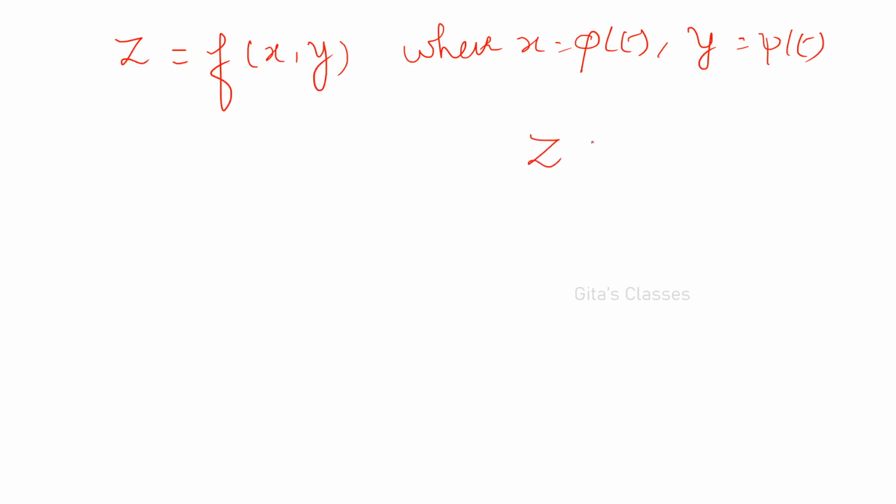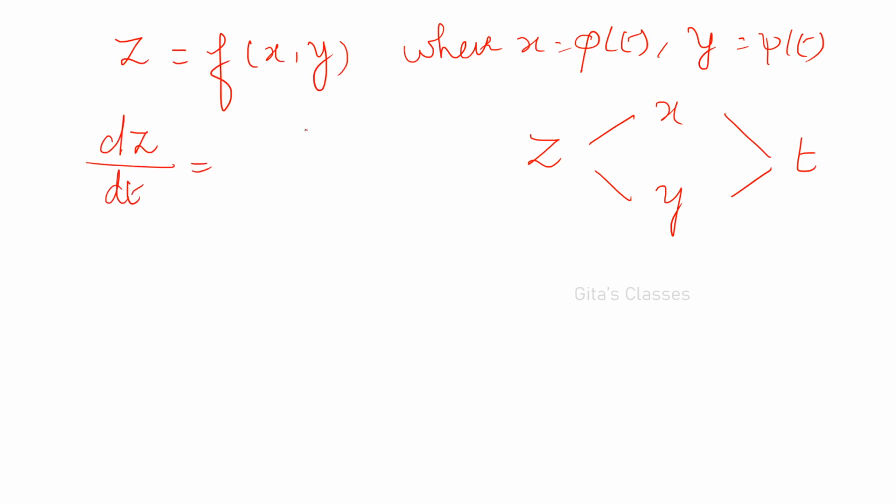So z is a function of x and y, and x and y are in turn functions of t. So now ultimately z is a function of the single variable t. So if you want to differentiate z with respect to the single variable t only, therefore, whenever you have a single variable, it is total differentiation.